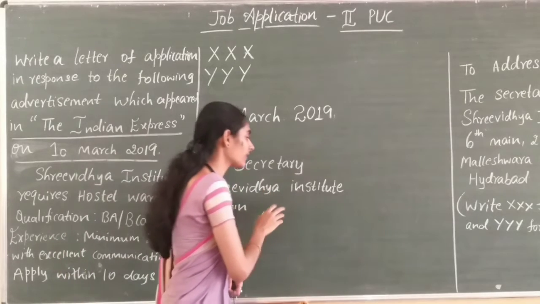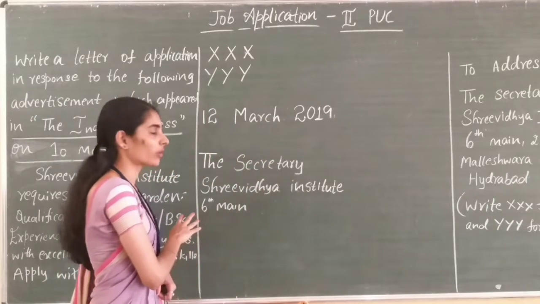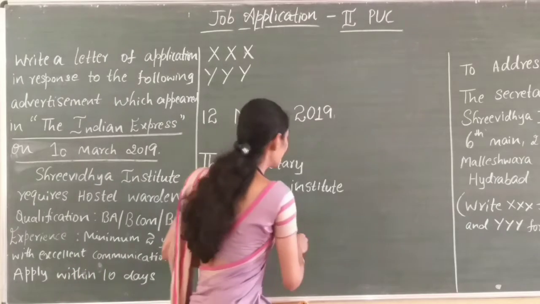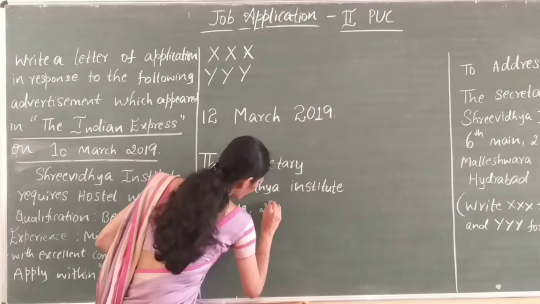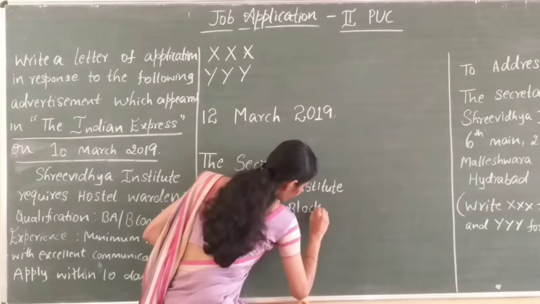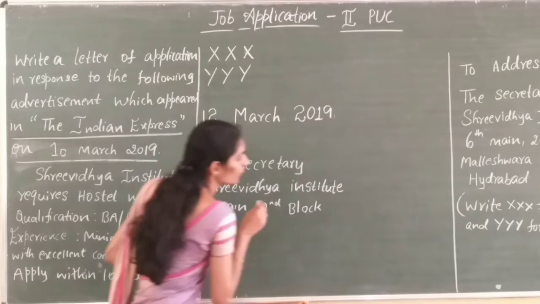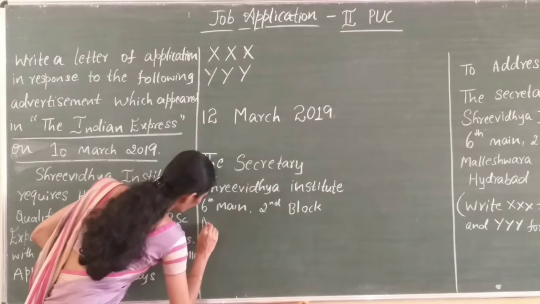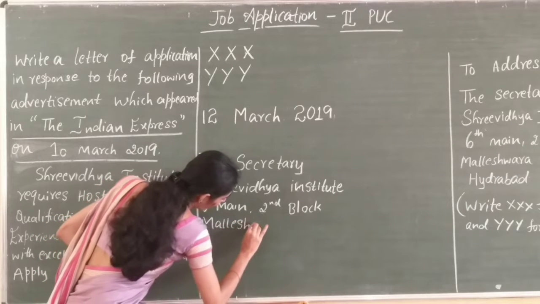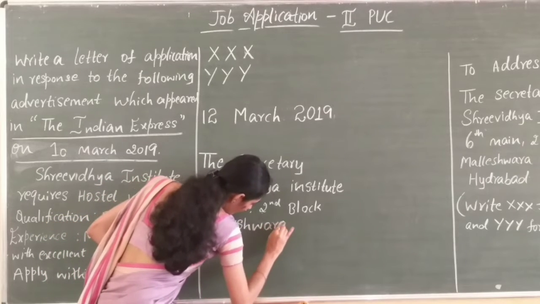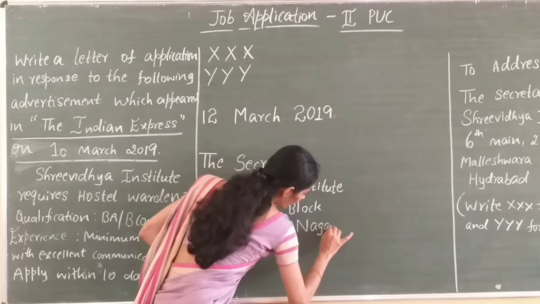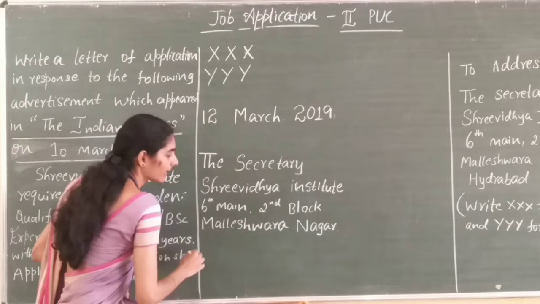Usually your sender's address should not exceed more than 3 or 4 lines, okay. 6th main, second block, then Malleshwara Nagar, Hyderabad.